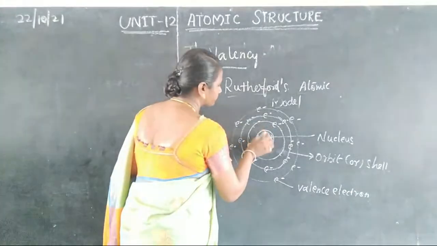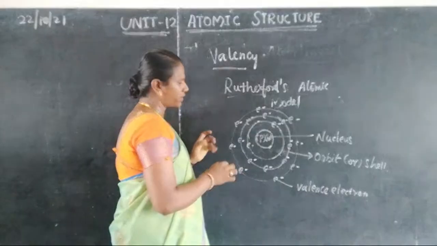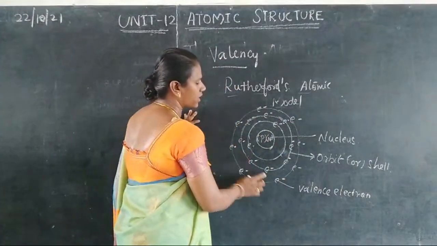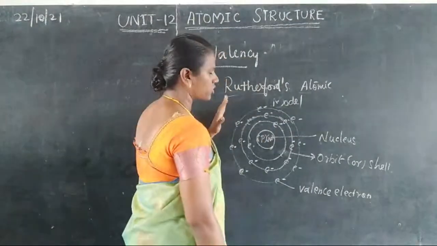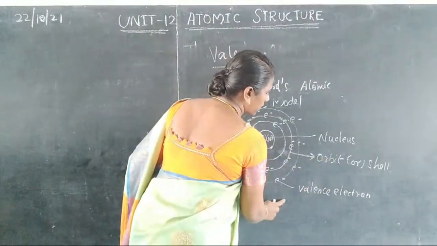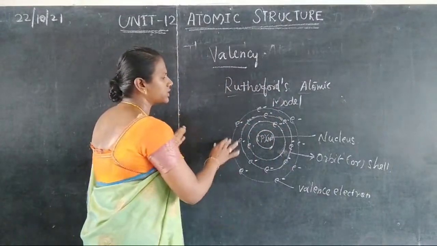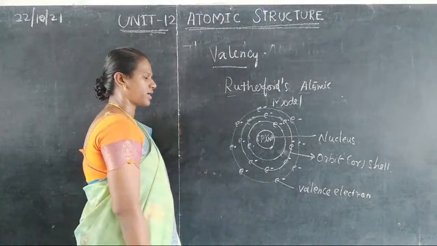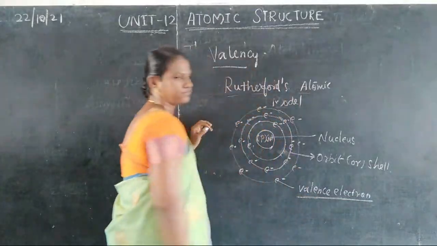The electrons present in the outermost shell are called valence electrons, because only the electrons in the outermost shell participate in chemical reactions. That is why they are called valence electrons.